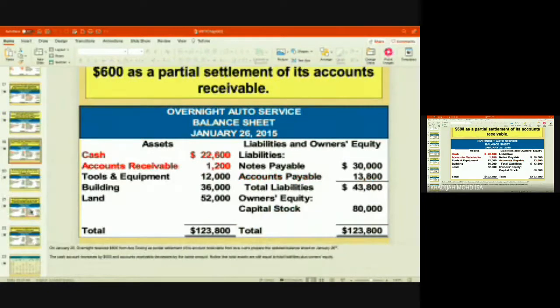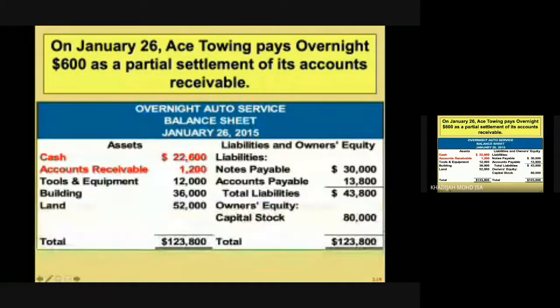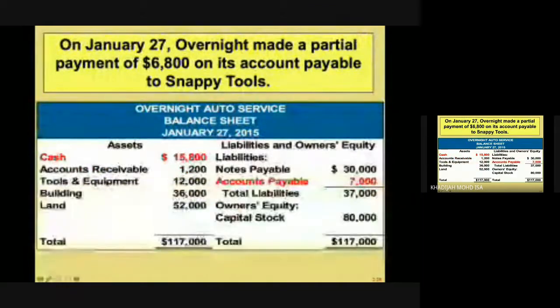All right, so just now we stopped here where you have accounts receivable decreased by 600. And then we have the next one, when you have overnight made a partial payment. So when you make payment to your accounts payable, you make payment by your cash. So again, your cash reduced by 6,800, and then your accounts payable also reduced by the same amount.